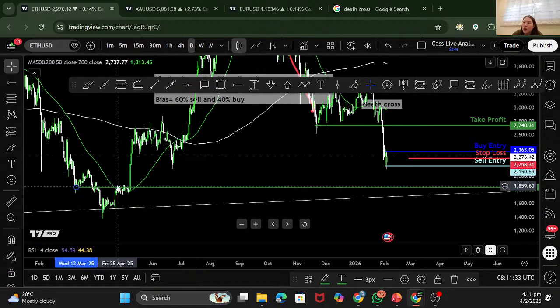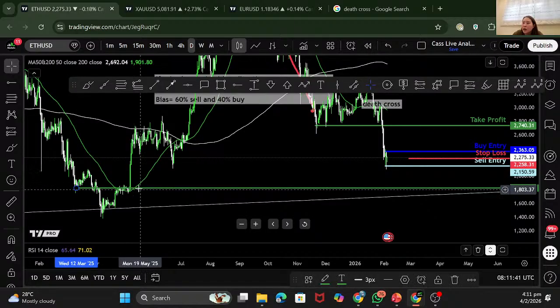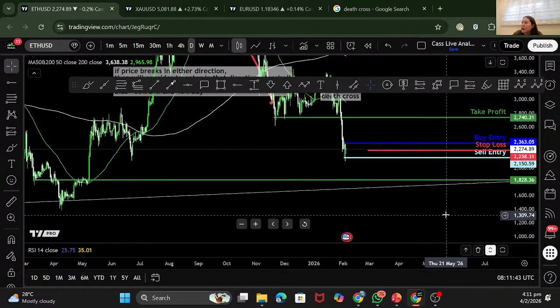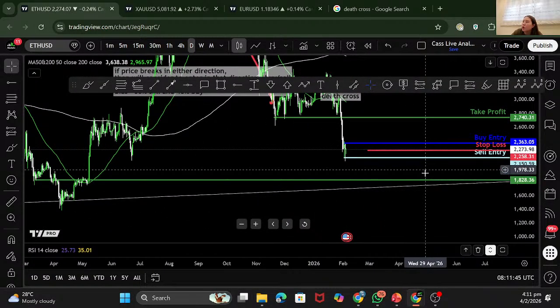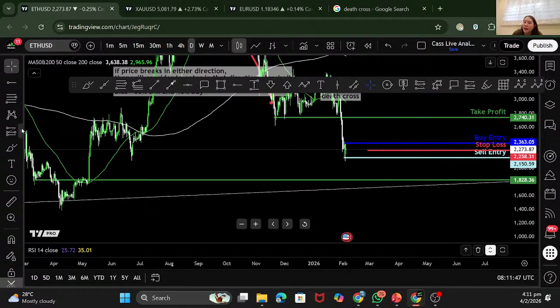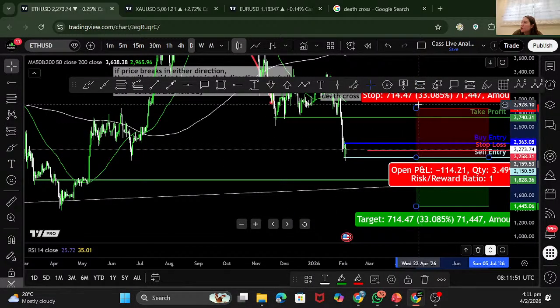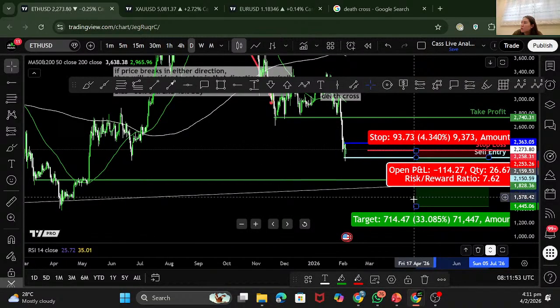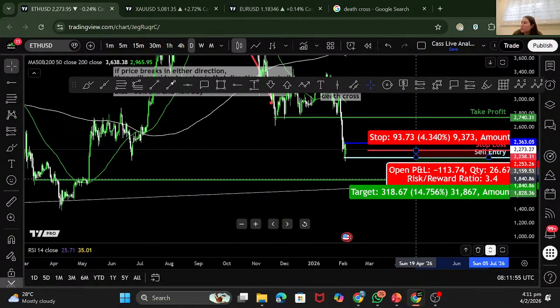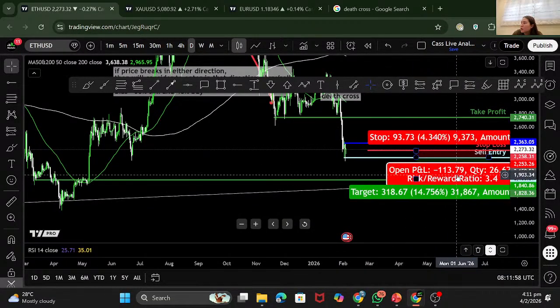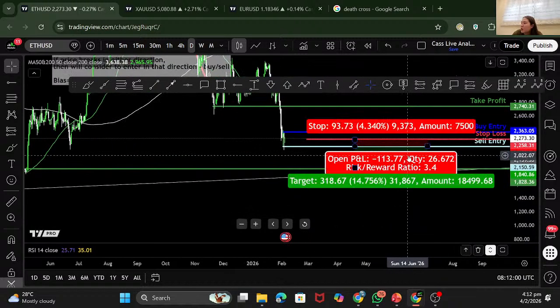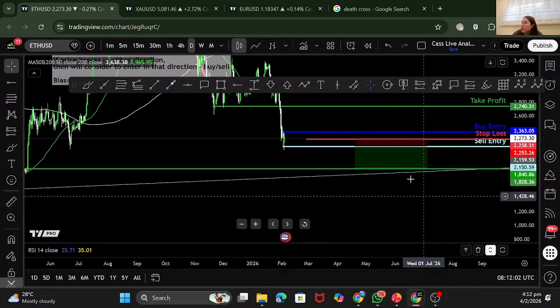So if we look at structure here, you can see that there was a bit of reaction. There was a lot of stopping, a lot of rejection happening in this area, and then once more here. This is more likely if price were to come back here, that's going to happen again. So either way, this is one of my entries, this is one of my stop losses. Let me see. So if it's a short position, this is a 1 to 3.4 setup.